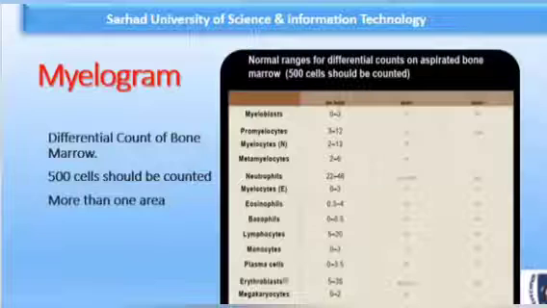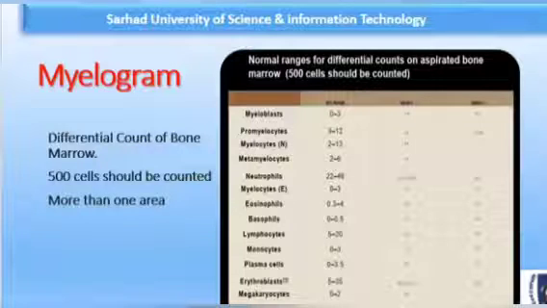Now, what is a myelogram? You know about the DLC, that is the differential leukocyte count. What is DLC? You are looking at 100 cells under the microscope for a peripheral smear. And what is a myelogram? Now you are performing a differential count of all nucleated cells in the bone marrow.